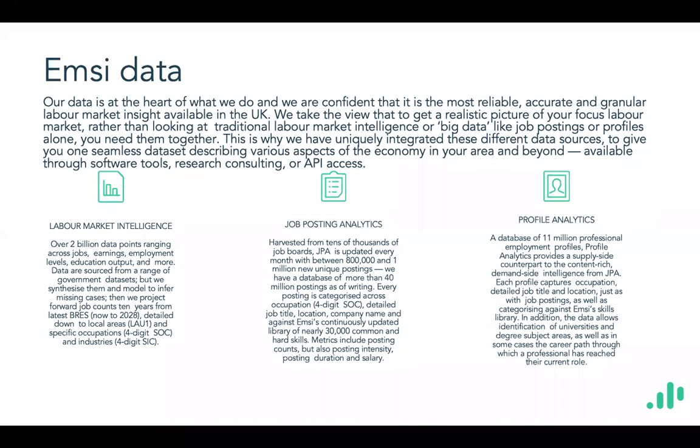The first is our core LMI, the labour market intelligence, labour market insight, labour market information, whichever you wish it to be. This in the UK is data that is drawn from official statistics. They all come from the ONS, and we use 8 of their different data sets. This is updated annually.